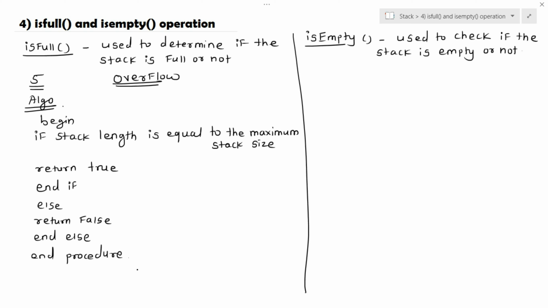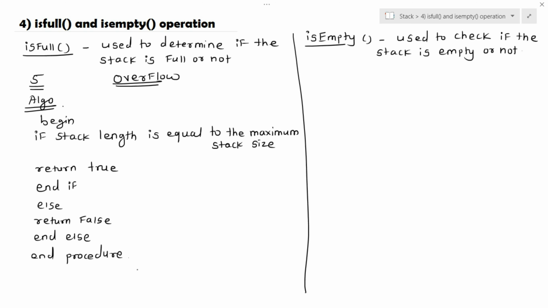Now let's see another operation of the stack data structure, and that is isEmpty. Like isFull is used to check whether the stack is full or not, isEmpty is used to check whether the stack is empty or not. So it returns a boolean value.